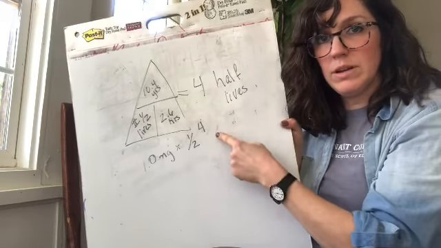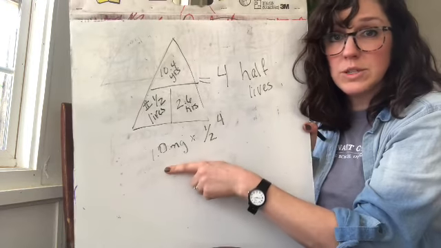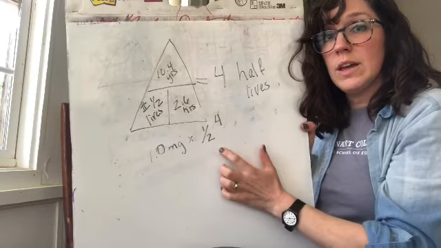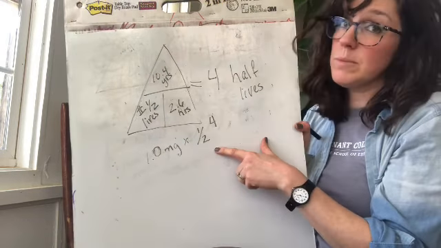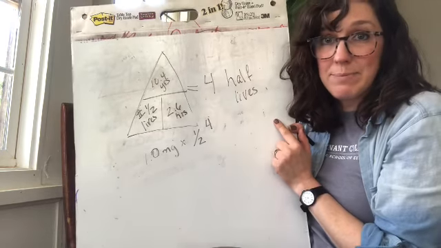See, the 4 moved from here to here. This was given to us, 1.0 milligrams was given to us in the equation. We always multiply by half because we're talking about a half-life. And the exponent is the number of times that the half-life has happened.